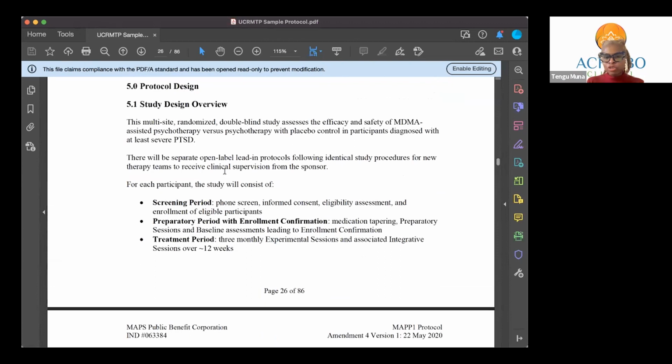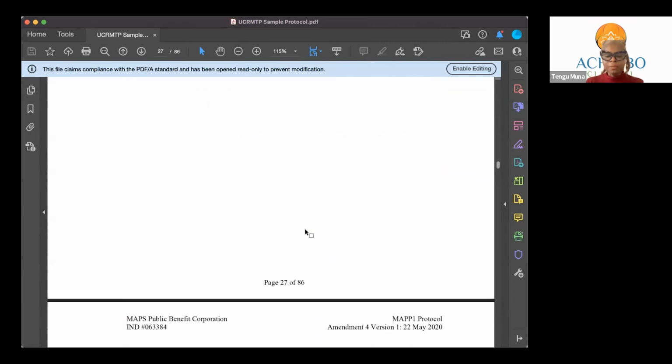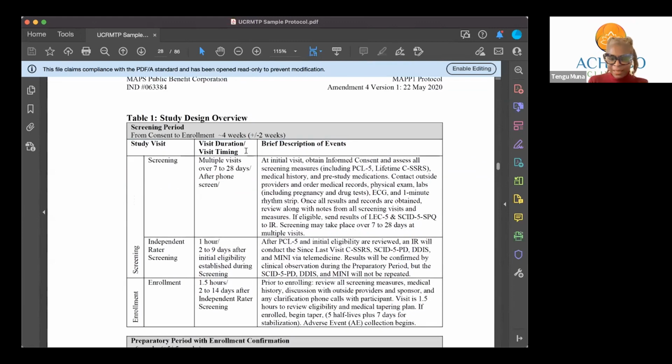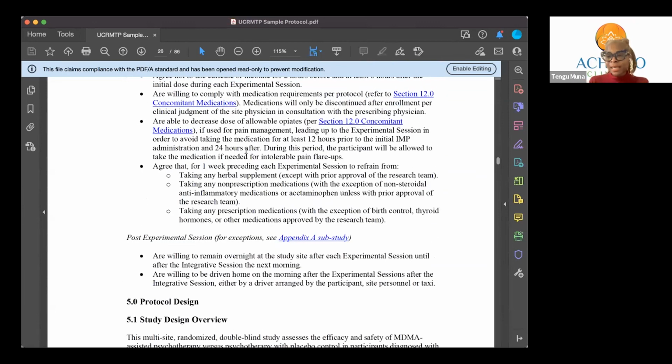Like in this clinical trial, we have a screening period, a preparatory period, and then the following period, and then we have the invitation to participate in a long-term follow-up study. So if we follow this study design and we meet our primary and secondary objectives, and the product is actually working, efficacy automatically just flows into that, really.